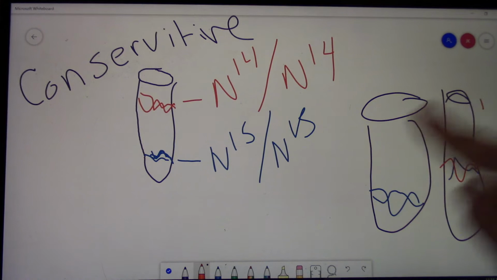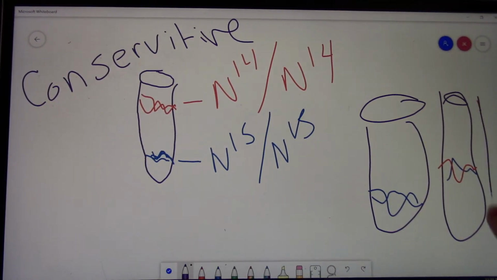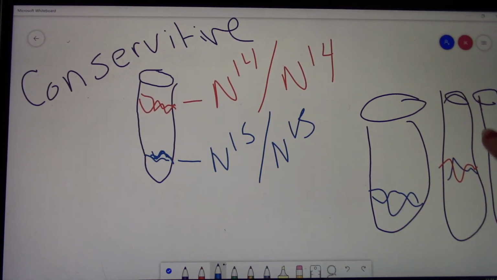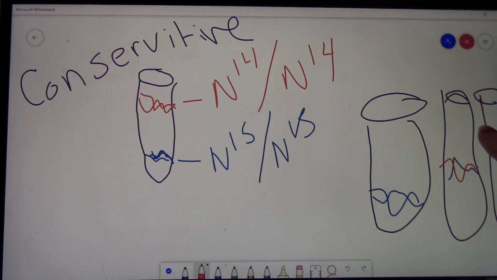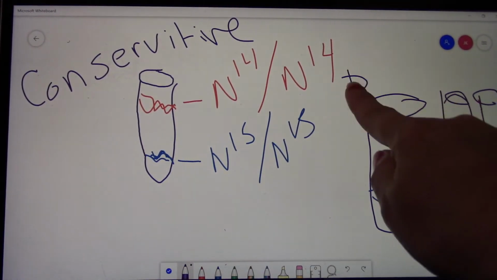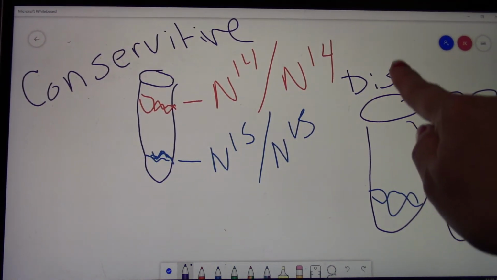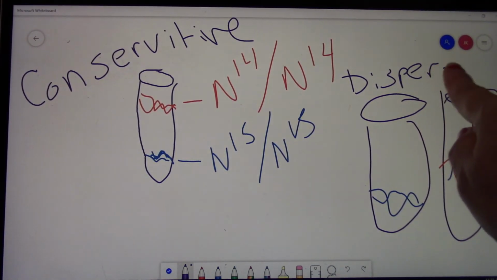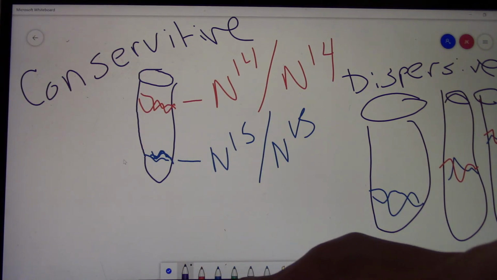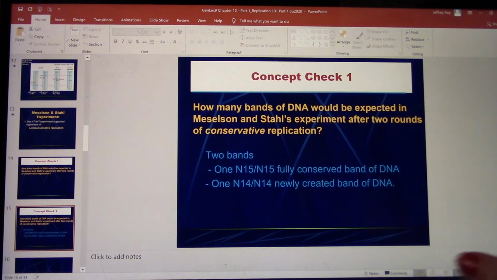And then in the next round after that, it's going to be even higher, because you're going to get more and more new material added to it. So this would be an example of dispersive. But we know that neither one of those is happening. So back to the PowerPoint.